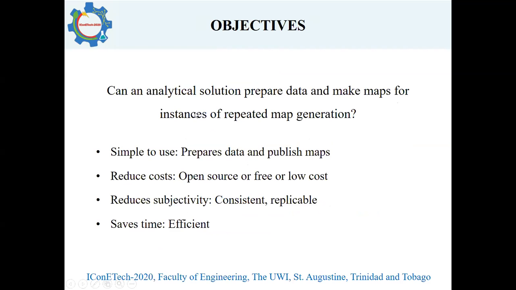So we're looking at a solution that will prepare the data and publish the maps, one that works on open source, such that it'll be free or low cost, right? One that could reduce subjectivity, thereby increasing the consistency and repeatability of the maps. And in general, one that can save time.